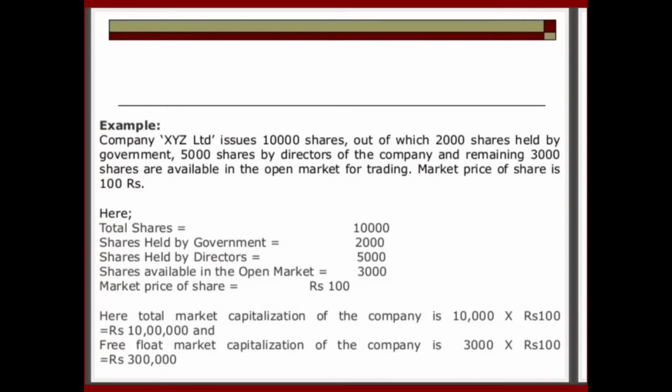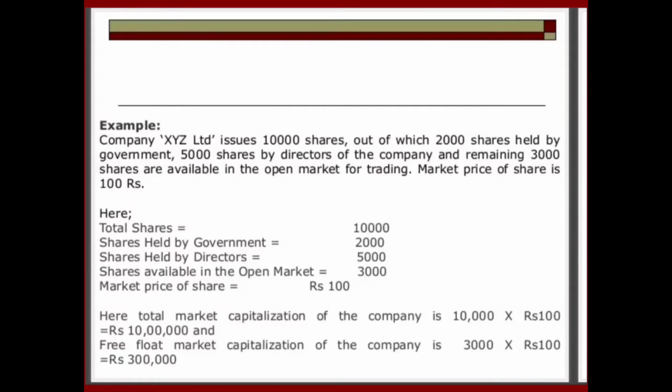First we have to write the given: total shares 10,000, shares held by government 2,000, shares held by directors 5,000, shares available in the open market 3,000, market price of share rupees 100.